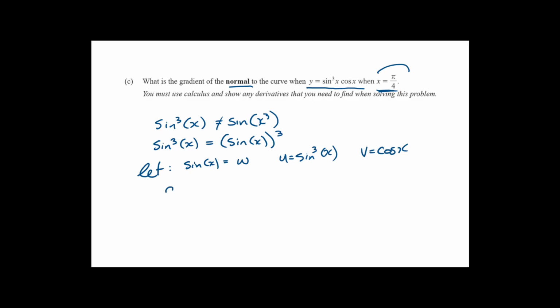We want to differentiate u with respect to x, but to do that we need to differentiate u with respect to w times w with respect to x, and the dw's will cancel out.